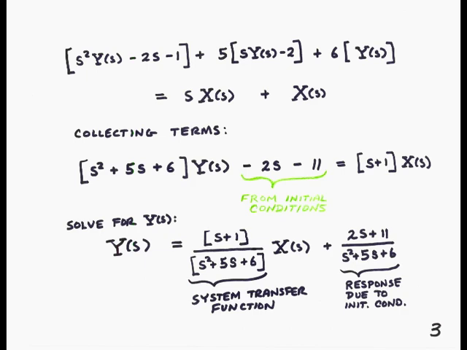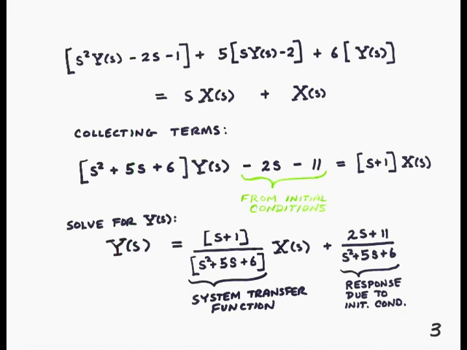Then collecting the terms, we have s squared plus 5s plus 6 times y of s minus 2s minus 11 equals s plus 1 times x of s. And we note that the terms minus 2s minus 11 come from the initial conditions.